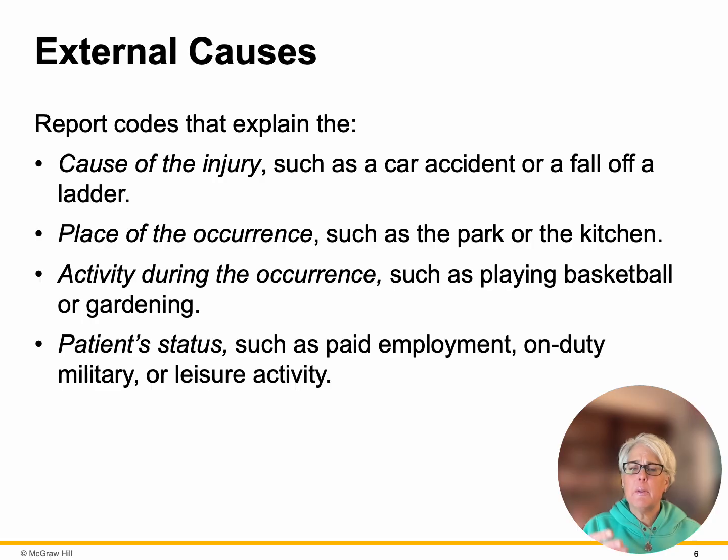Another thing that we see with the external cause codes is, for example, research and development over safety of the use of seatbelts. If you're a driver, if you're a passenger, you're using a seatbelt, and how it correlates to the type of injury. Was it a motor vehicle accident that occurred on the street versus losing control and hitting an object?